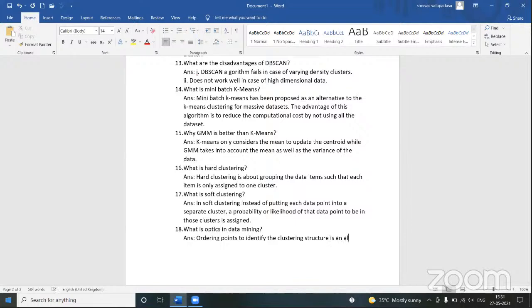It is an algorithm for finding density-based spatial data clusters.